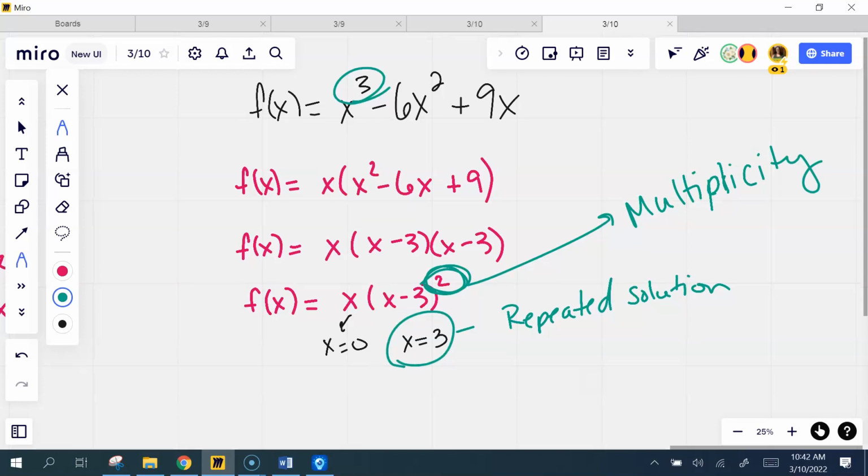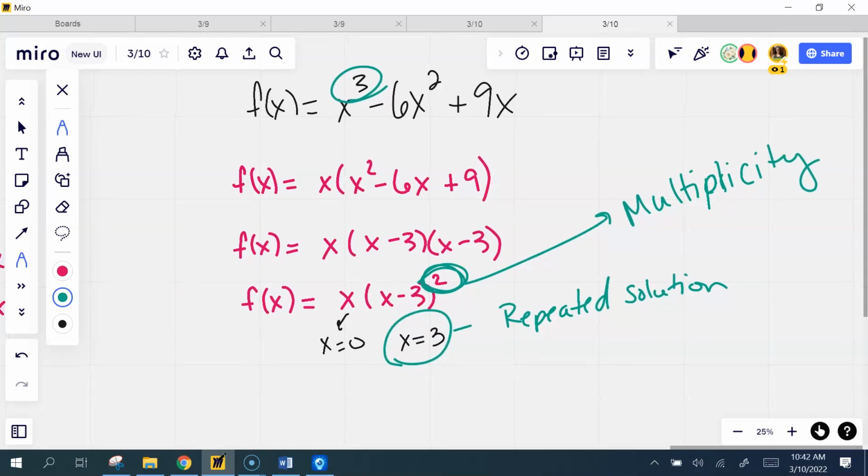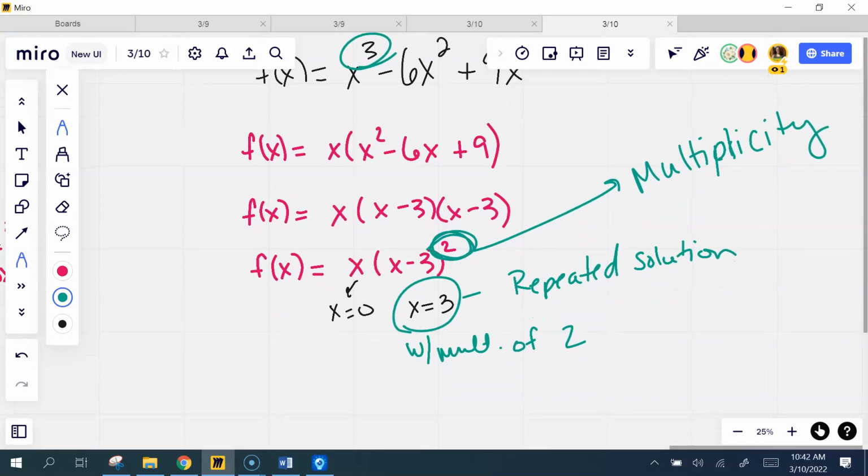So we say x equals 0 is a solution. X equals 3 is a solution with multiplicity of 2. Meaning it happens twice. The factor happens twice in the equation. That's all it means. So the zeros of this are 0 and 3, but 3 has multiplicity 2.